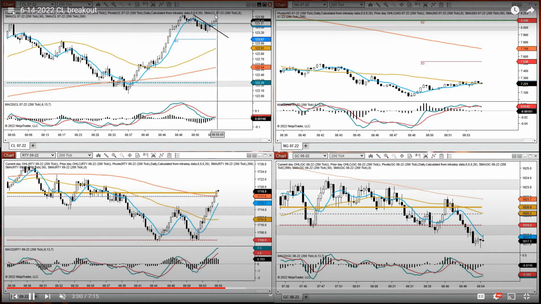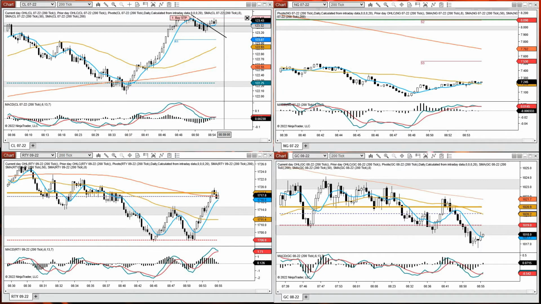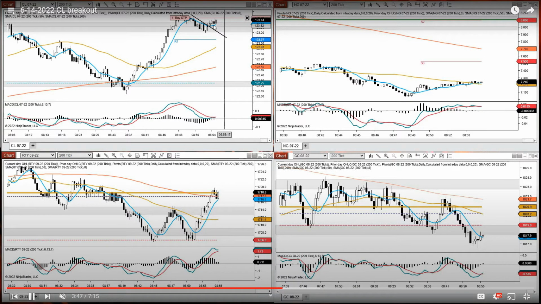So as you can see, if this was a pullback, this previous resistance level, I would already be in. But boom, I sit in a buy stop because my initial thought process was if this is going to be a breakout, then after we come out of this demand zone and we hold above this 8, then I'm long.